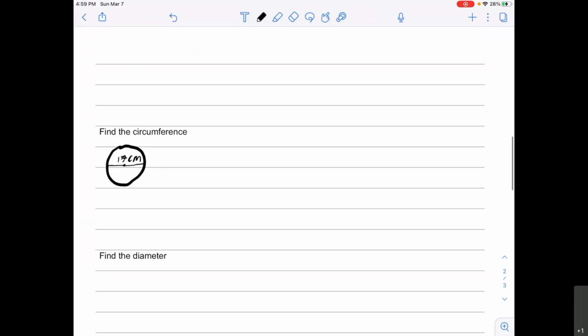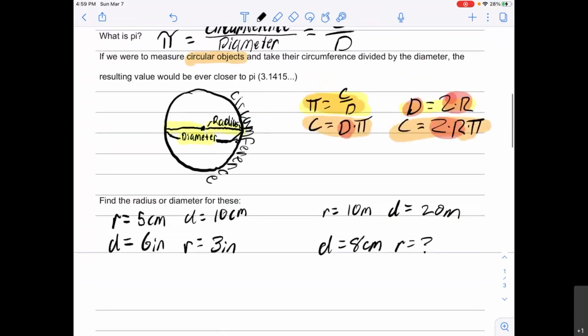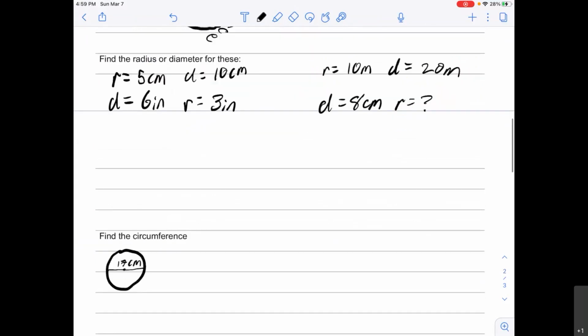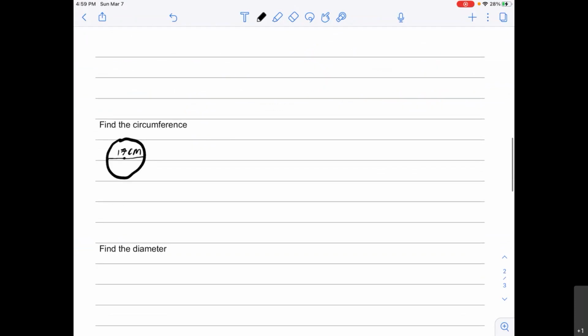Well, let's go look at our formulas. I see that I have the formula circumference equals diameter times pi. So if the circumference equals diameter times pi, that means that my circumference equals 17 times pi.